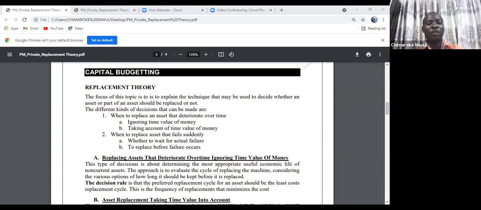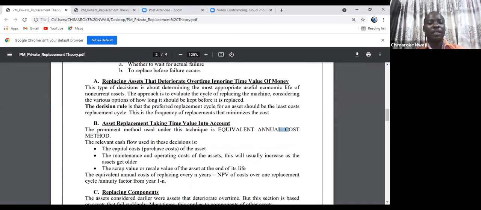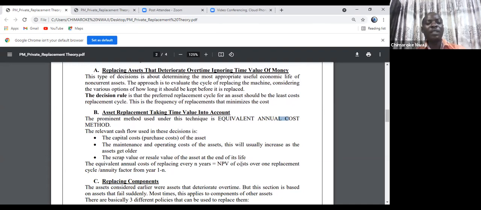All right, so let's look at the B part now. Here it says asset replacement, taking the time value of money into account. When we say time value of money, we are looking at the present value of future cash flows. The prominent method used under this technique is what we call the equivalent annual cost method, which is what we are going to solve today.